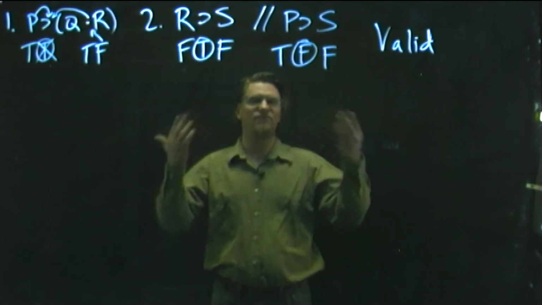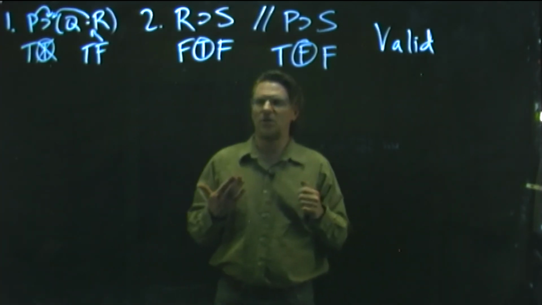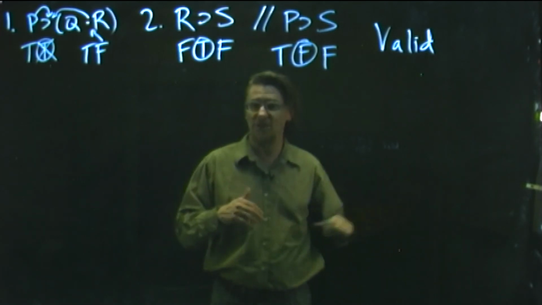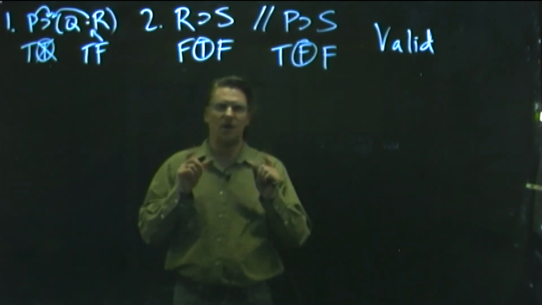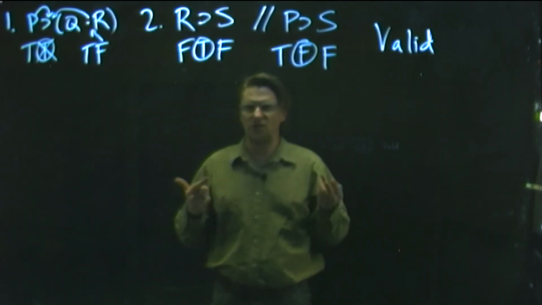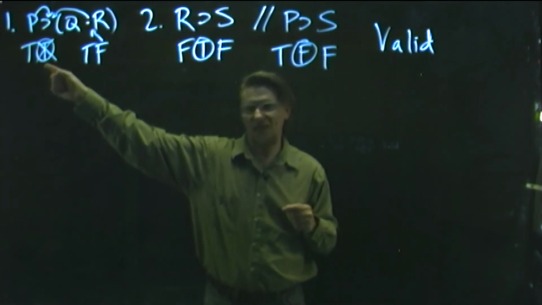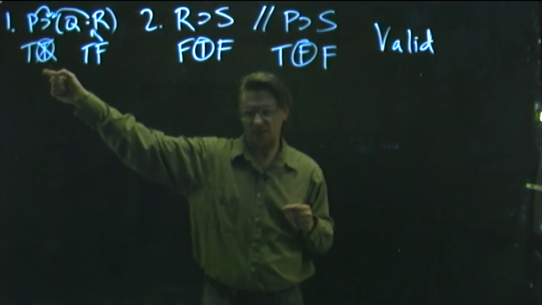Hooray, it's valid. I can understand that feeling because we could all hope for more valid arguments in this world. But I want you to notice something about this technique. When you work through indirect truth tables to determine validity, when it doesn't work out, when we get a contradiction like this, what do you know?